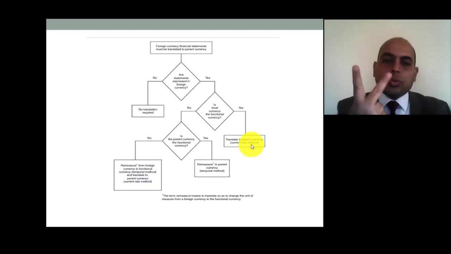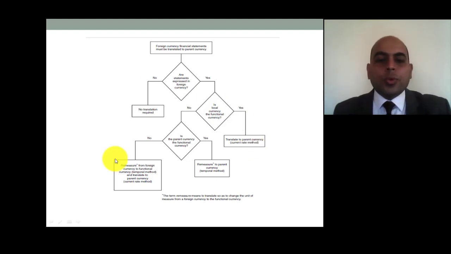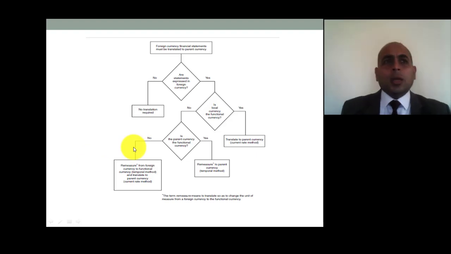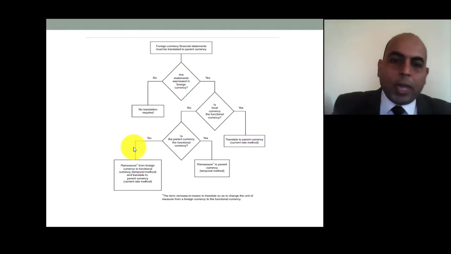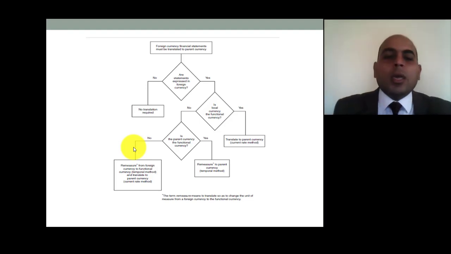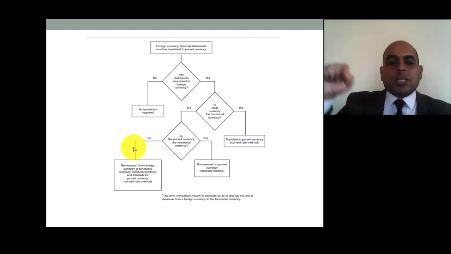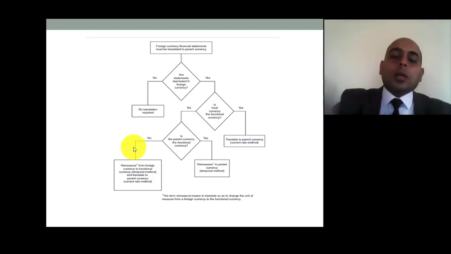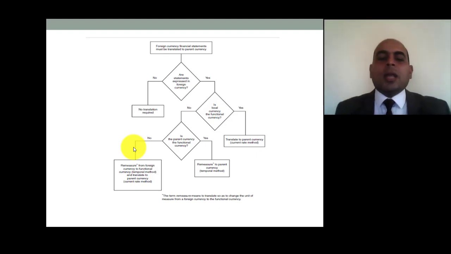This is the first two situations of translating the financial statements. Let us move to the third one. Here, we are talking about the same affiliated company located in Egypt, and they didn't use the Egyptian pound to prepare the financial statements; they use, for example, the US dollar, which is not the currency of the parent company.